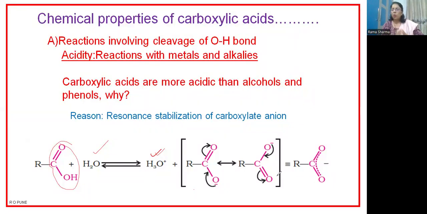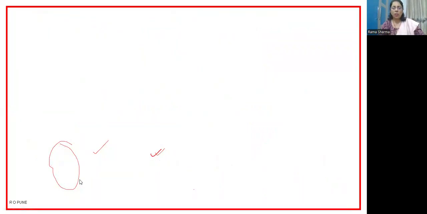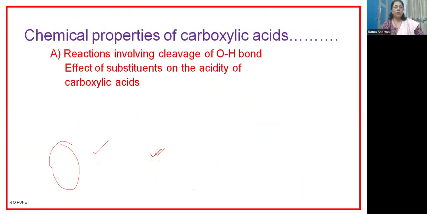If there is a smaller negative charge on the corresponding atom or ion from which H plus is to be removed, the smaller negative charge or resonance stabilization facilitates the removal of the H plus ion. That's why carboxylic acids are more acidic than alcohols and phenols.